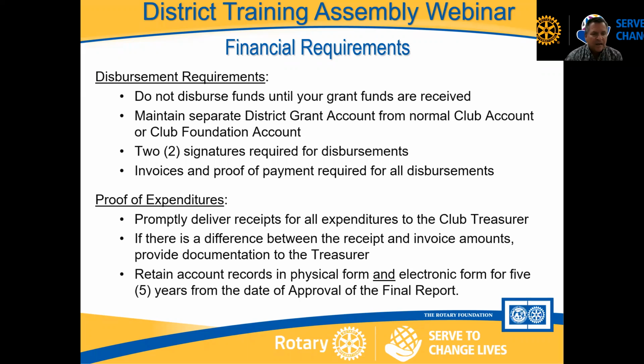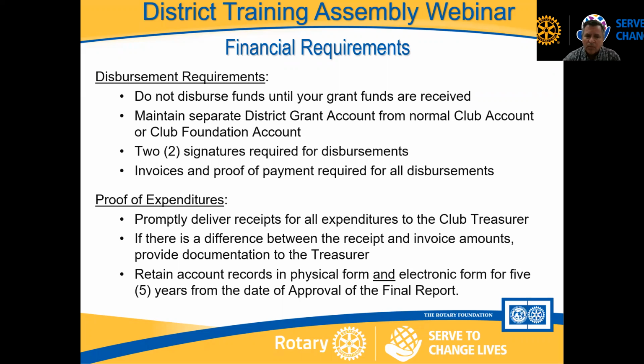But again, you really should be waiting until the monies are in your district grant checking account. Don't do any activity with the account until the allocated funds are deposited. Reimbursements might be allowed, but only after the funds have been received. Correct. That is correct. Thank you, Laura, for clarifying that.